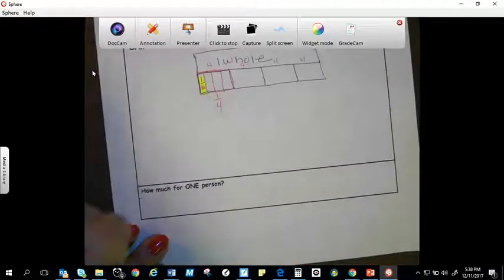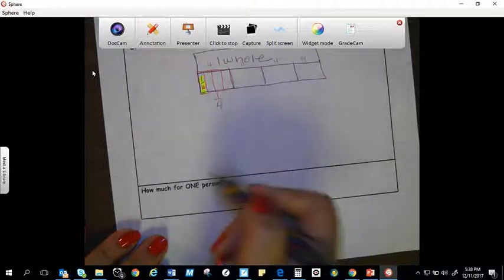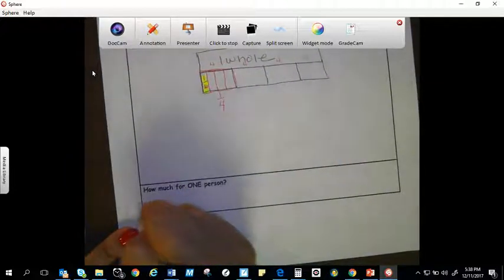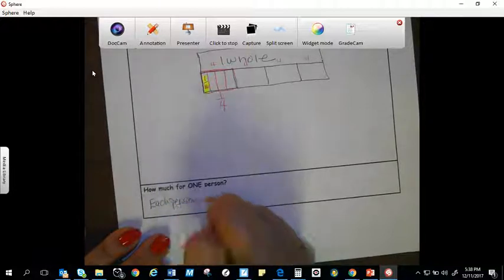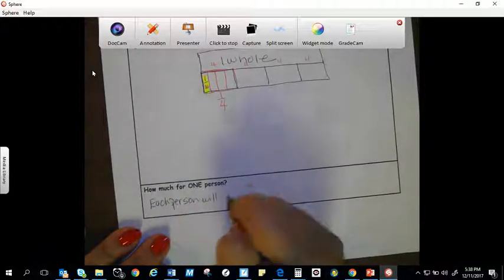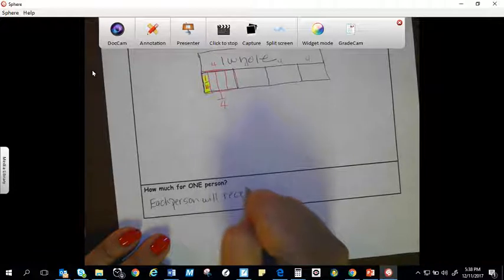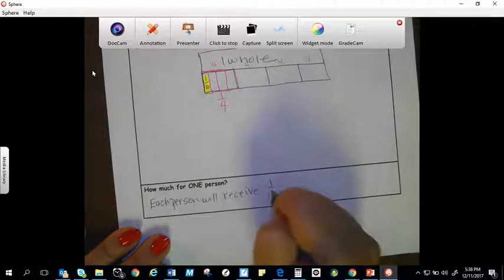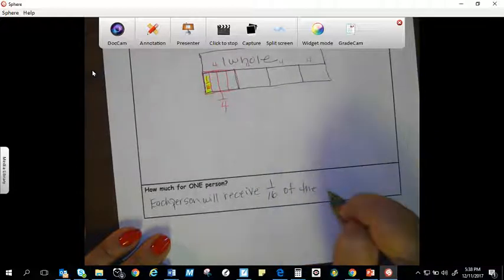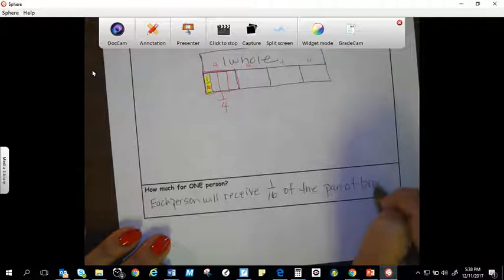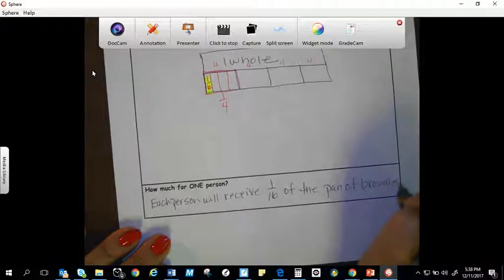And then to fill it down here, how much for one person? Each person will receive 1/16 of the pan of brownies. Okay, very good.